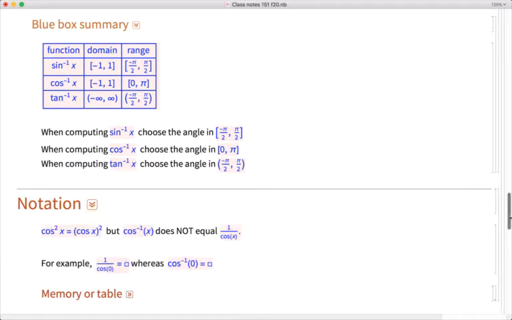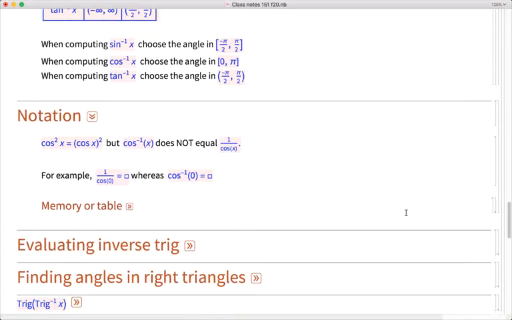Okay. A very important word about the notation here. When we talked about the Pythagorean identities last time, we saw this notation where we had a square on the trig function, cosine squared, sine squared, tan squared, and that was shorthand for the cosine of x quantity being squared.